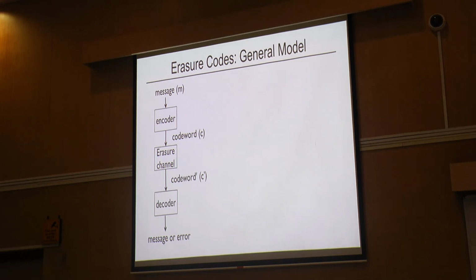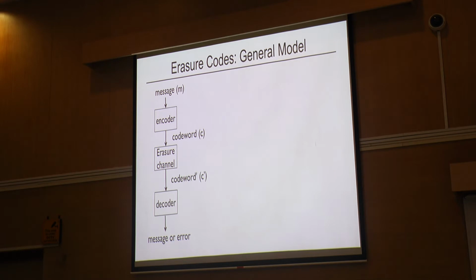In this case, we have what is called a message that a sender is sending. Keep in mind that when we are looking at storage and computing, there's no real communication as such. We are not looking at a transmitter or a receiver, so here it's more general, as I will point out a bit later. You have a message, and that goes through the encoder, which encodes this message into what is called a code word.